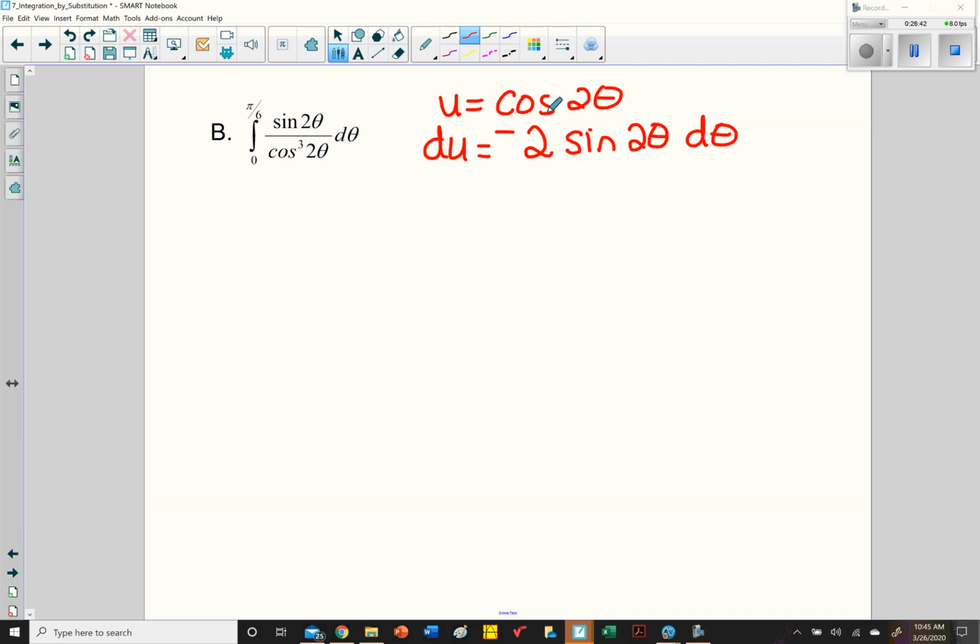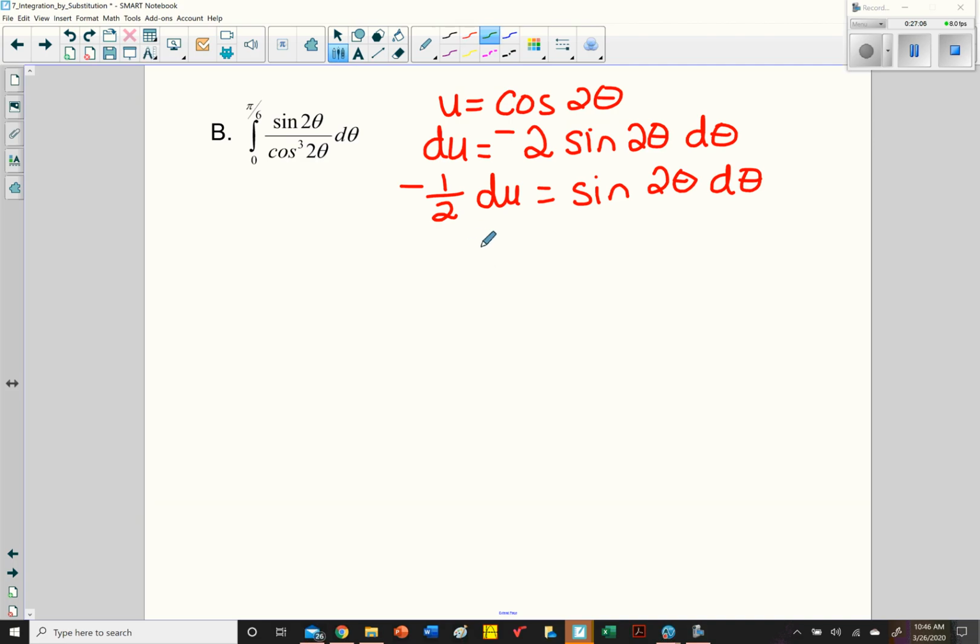So we got the chain rule. The derivative of cosine is negative sine. The derivative of 2 theta is 2. Don't have a half over here. We'll divide by -2 and have sine 2 theta d theta. There's my numerator. We're replacing it here.